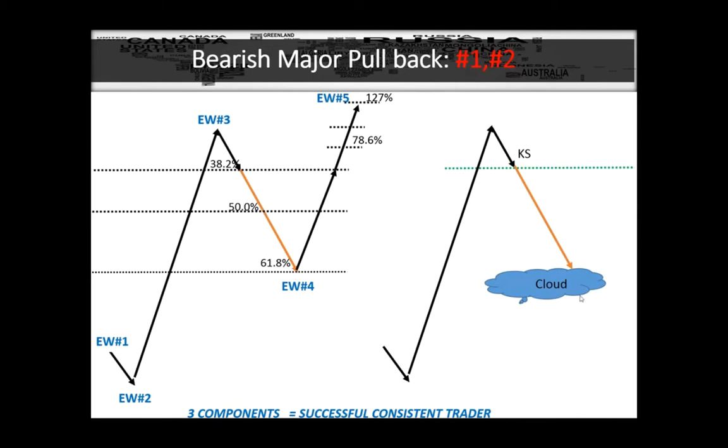In the Ichimoku world, I don't have two options, I only have one, the yellow line. So by using Ichimoku, I'm indirectly trading Elliott wave, but without the subjectivity. Are you okay with that? And I'll show you on the scanner how to look for that once we get to that in just a moment. Okay?